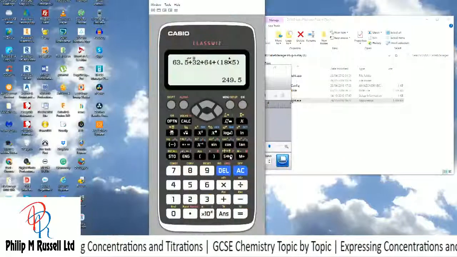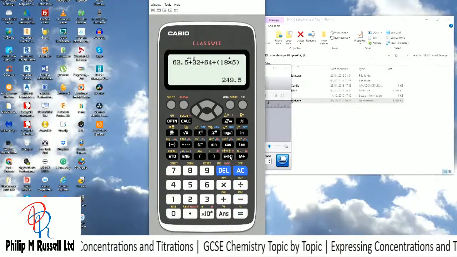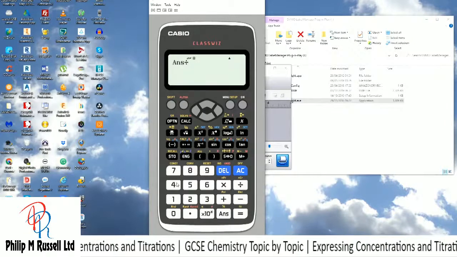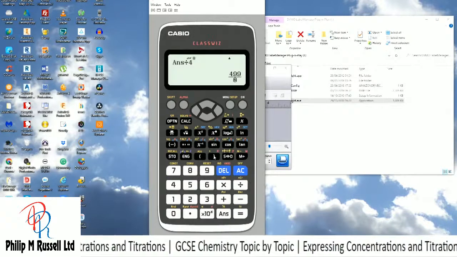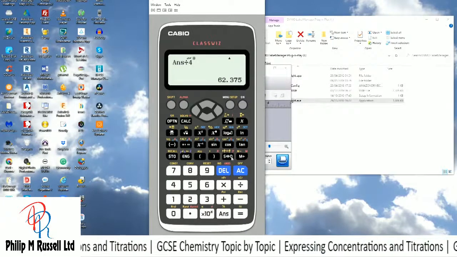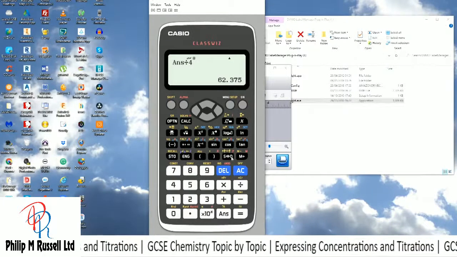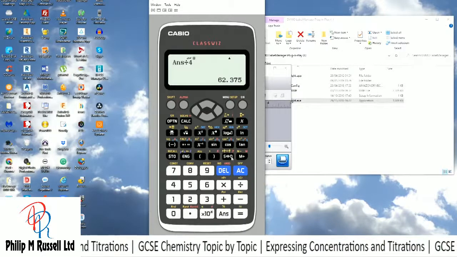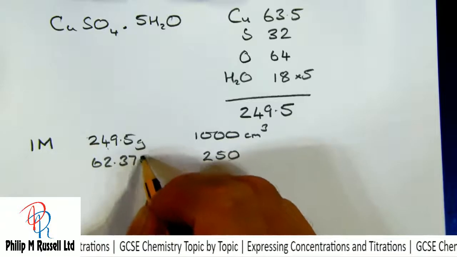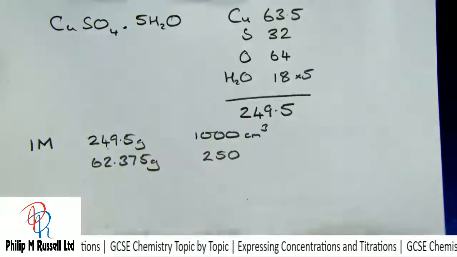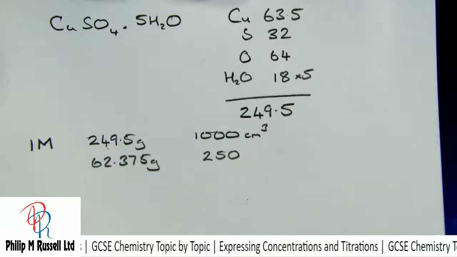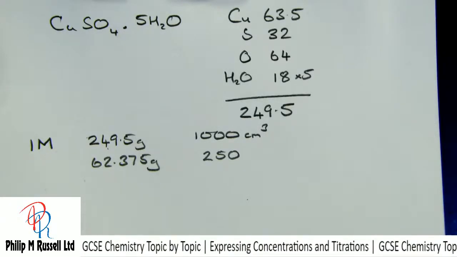So here is my calculation, and we can simply take this and divide it by 4, and we can say that I need 62.375 grams to make it up. Now that's quite a strong solution. We'll have a look, and let's go and see if we can make it up.